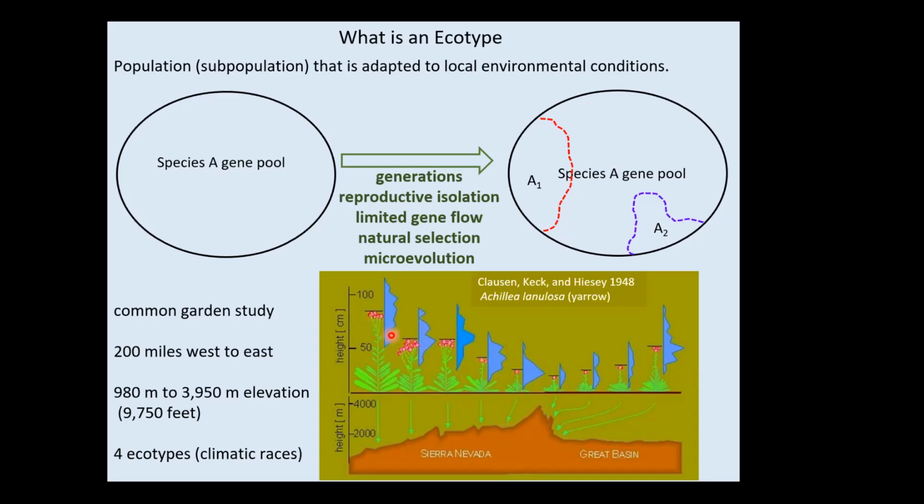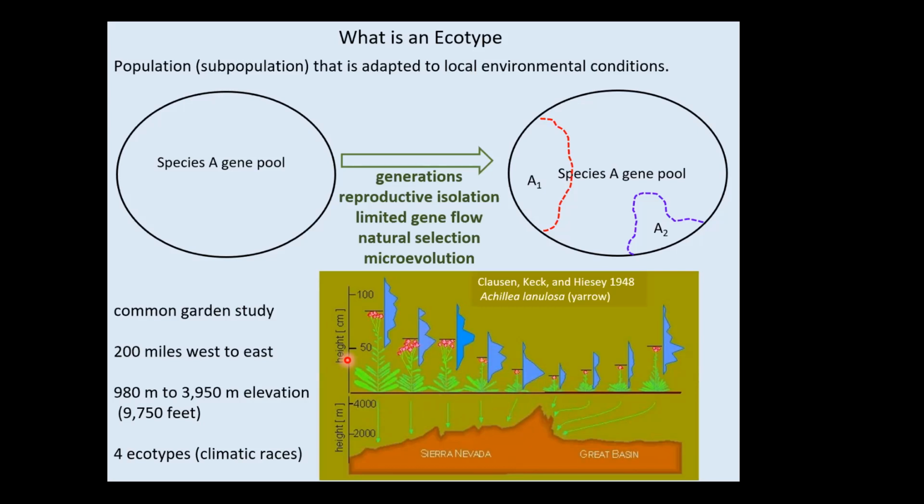What you would see if you were to go out and look at these plants is differences in height at these locations here. When you get up into the mountains here, the plants get smaller. If that difference in the phenotype we see here is maintained in a common garden, then you have evidence for an ecotype, because that's a genetic basis.